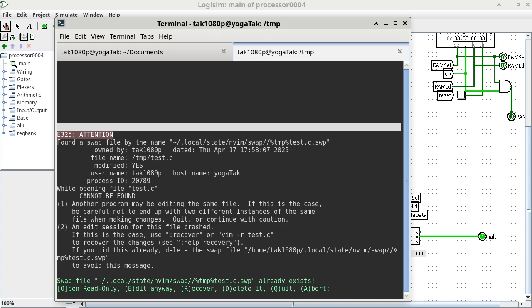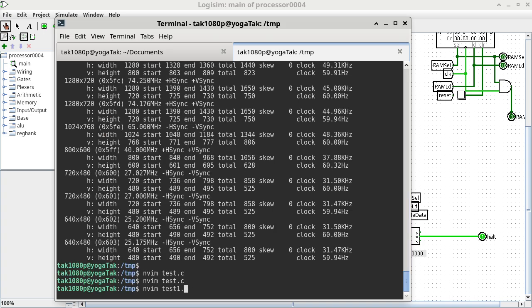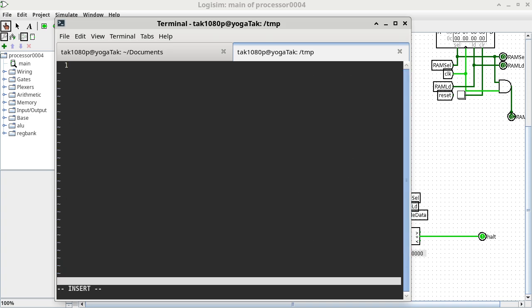Oh, it's already there. That's why. Abort test1.c. There we go. So the first thing is you have to get reacquainted with the concept of struct if you don't remember that. So you have to go like, okay, what is a struct and what is M1 and what is M2? If you have those questions, review those concepts.